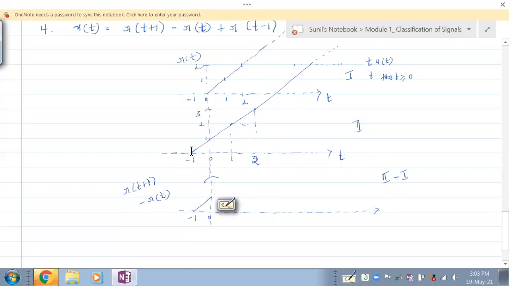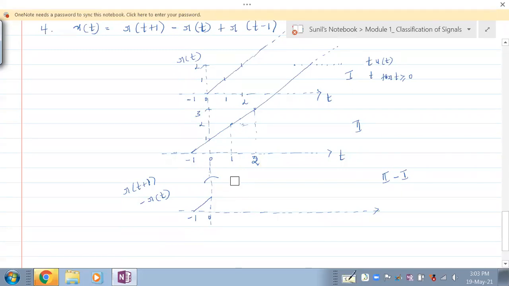The second signal is some ramp signal from -1 to 0, but in the first there is no signal here. So some signal, we shall call it x, minus no signal. So what would be some signal minus no signal? It would be the same signal. Understand that? So that you should understand.